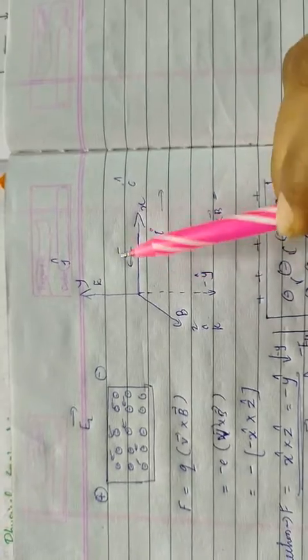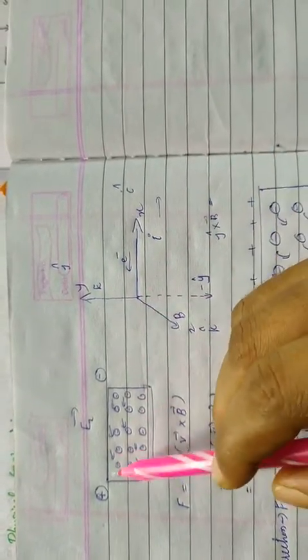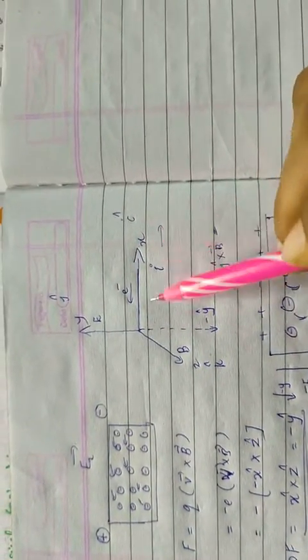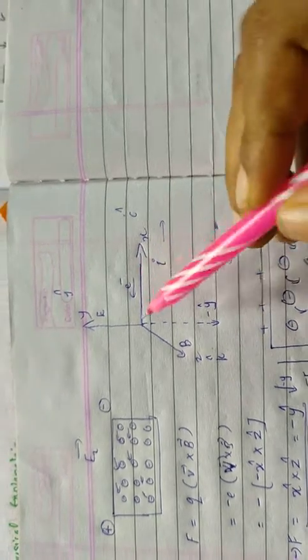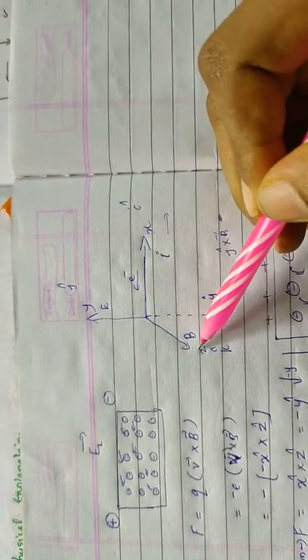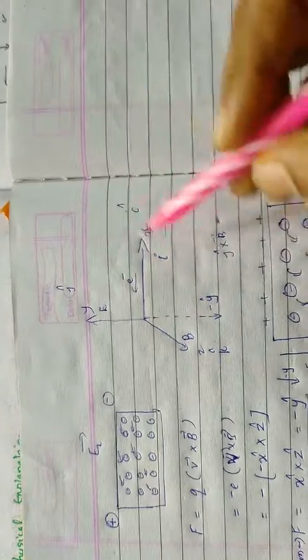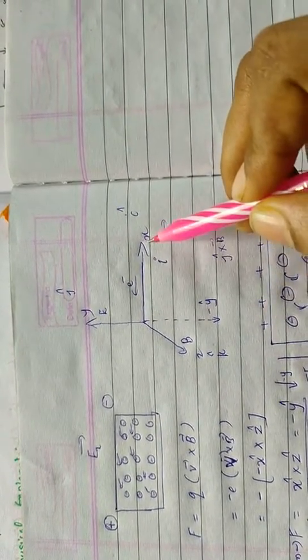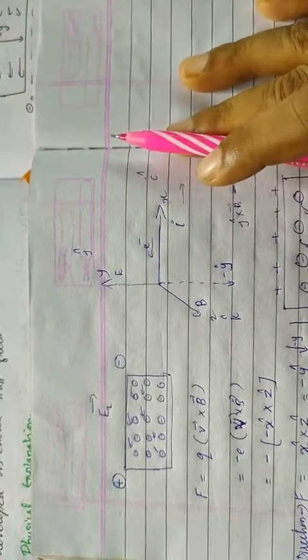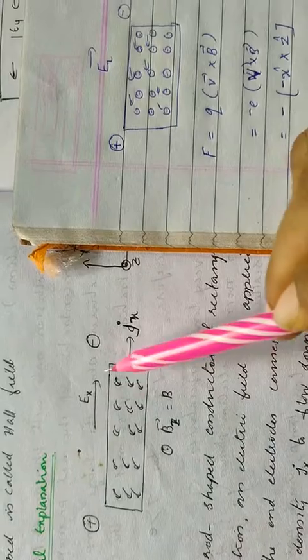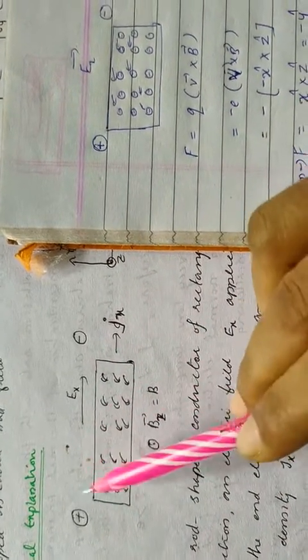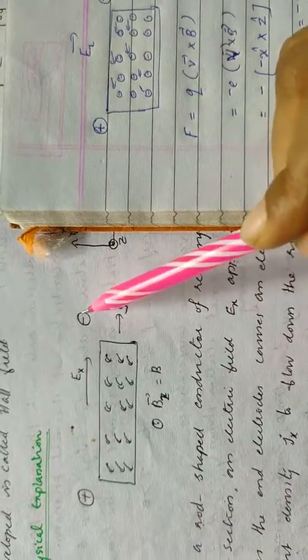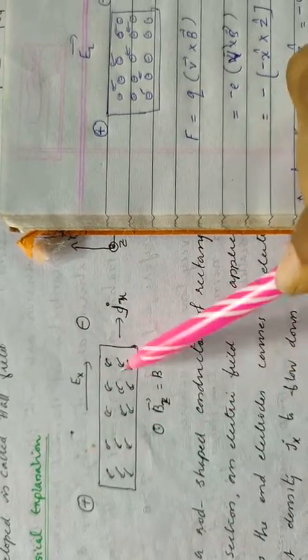So the electric field is applied along the x direction, and the magnetic field along the z direction. So this is the applied field direction, and a current will flow along this direction. We are considering a metal rod like this, a rectangular rod, and we are applying an electric field across it.